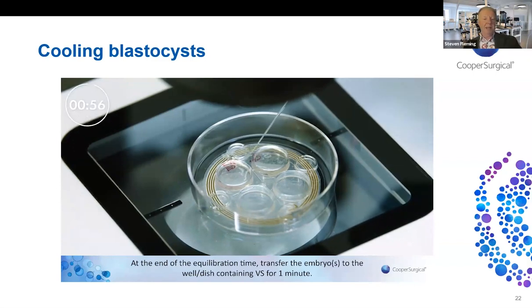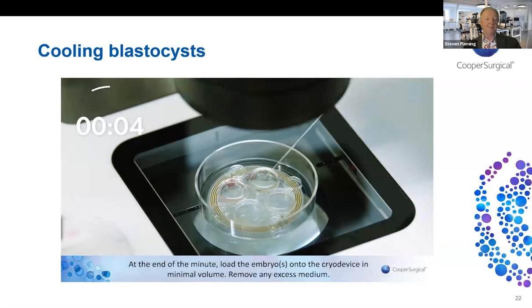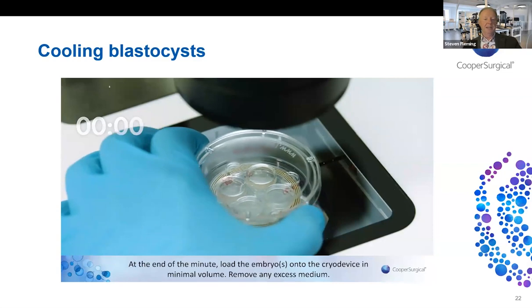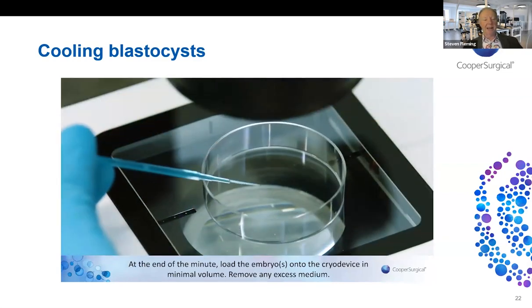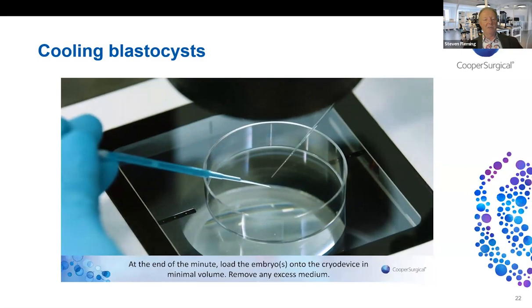So here you've got to get that embryo or the blastocysts under control on the bottom of that dish before you can aspirate them into the pipette. And at the end of that 60 seconds, you can then load the carrier, again with a minimal volume.